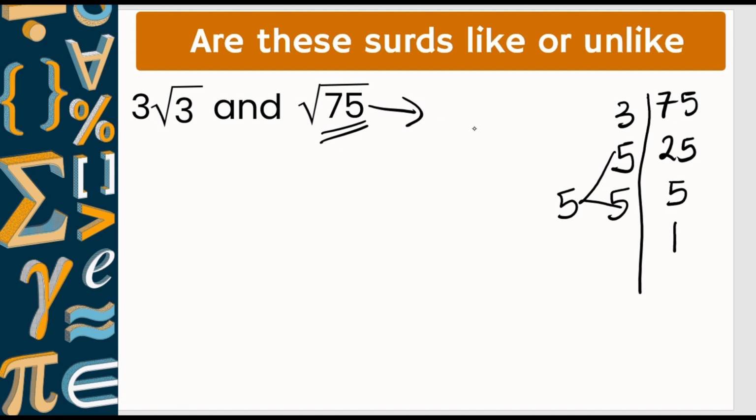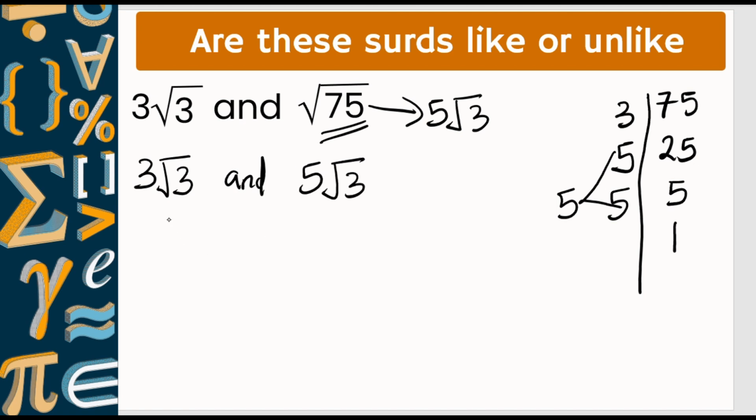Therefore, root 75 has been reduced to 5 root 3. We will now be comparing 3 root 3 and 5 root 3. Looking at this, these two surds have the same radicand, which is root 3. So therefore we can say they are like surds.